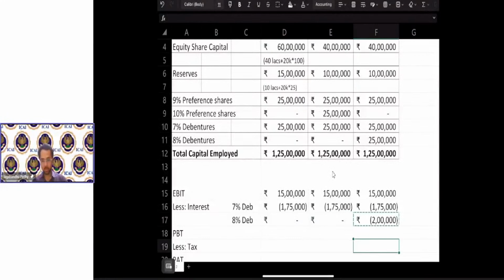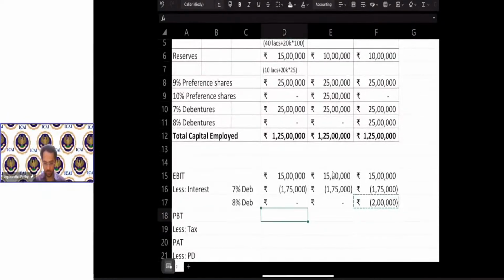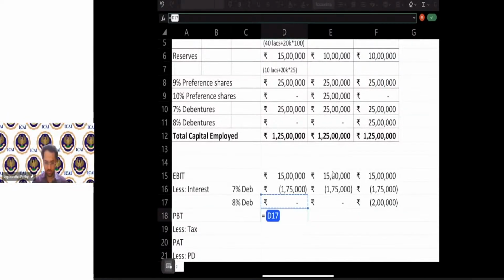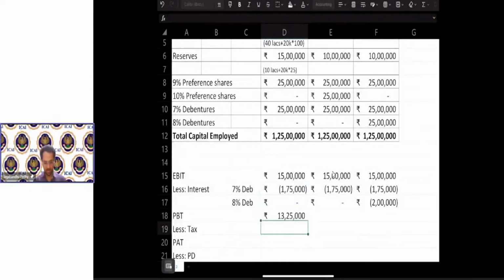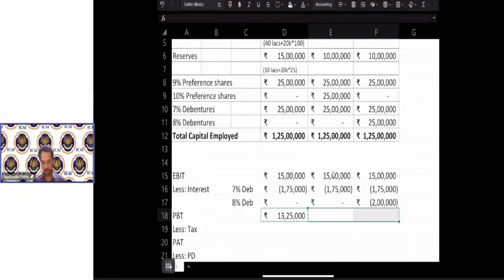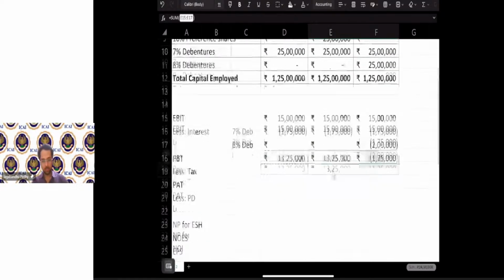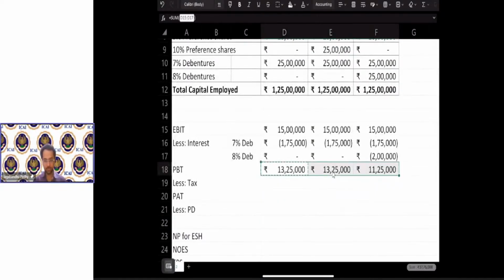Okay. So after subtracting that, we get the profit before tax, which is simply EBIT as reduced by the interest amount. Now from this PBT, we need to subtract the tax figures.